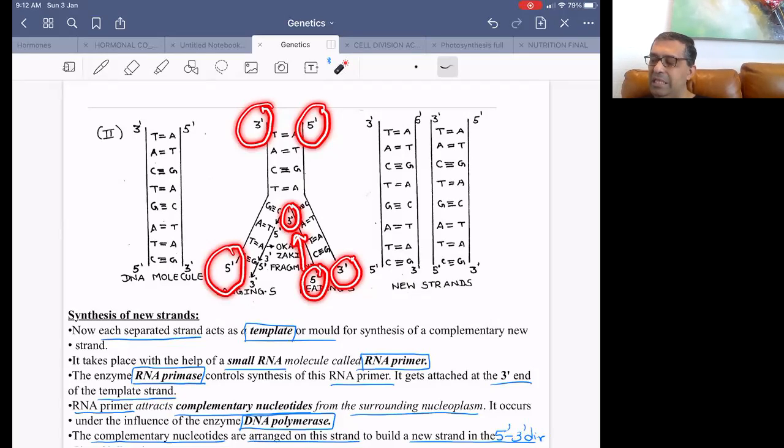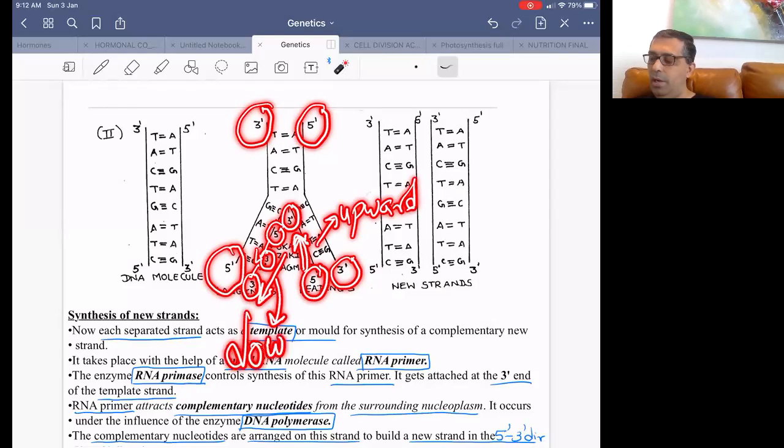But in the opposite strand, the new strand is formed from 5 end towards 3 end, but in the opposite direction. So this strand is formed upward, but this new strand is formed downward, in the opposite direction.